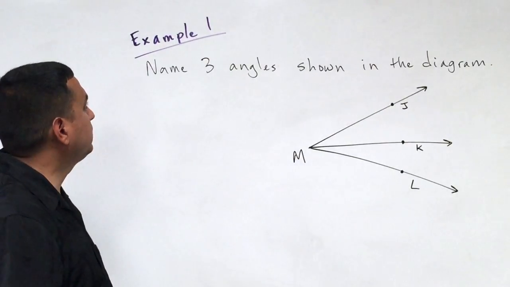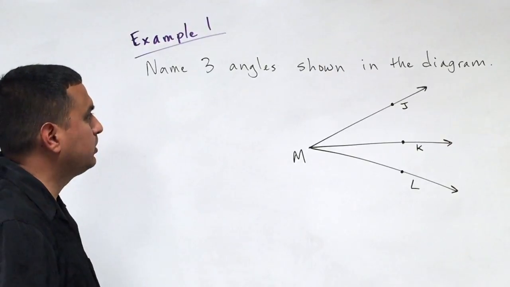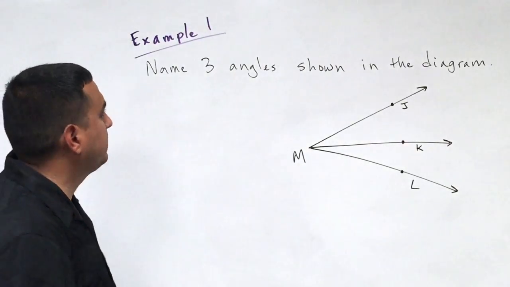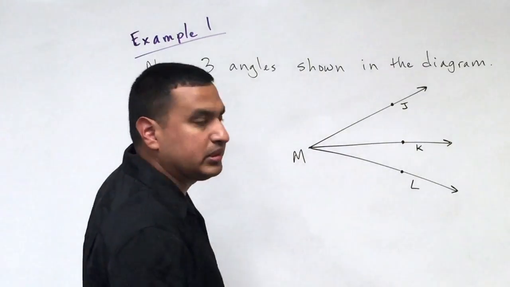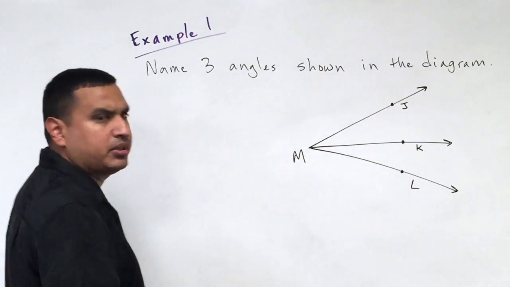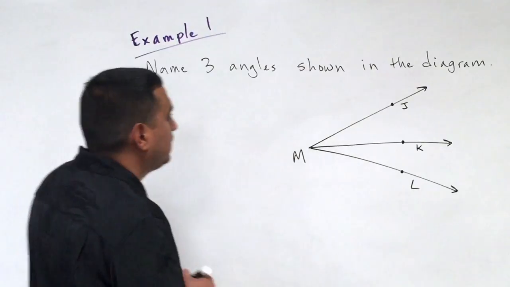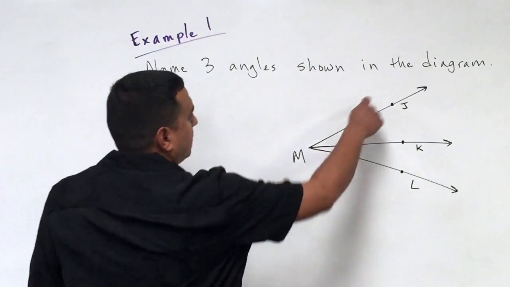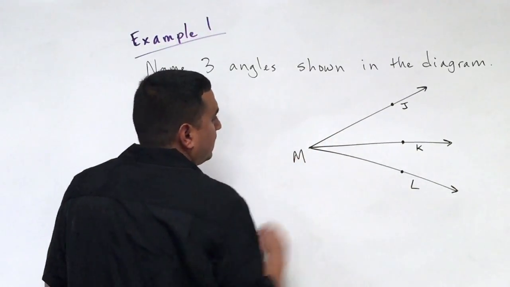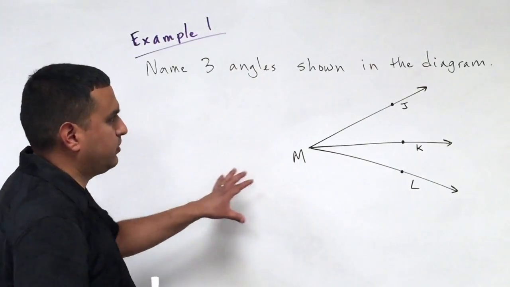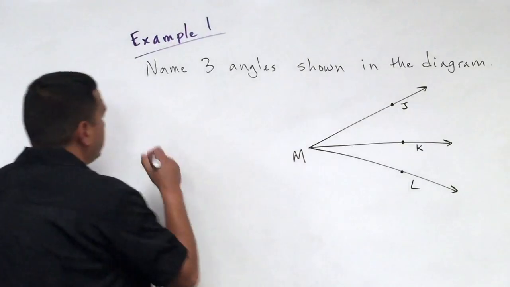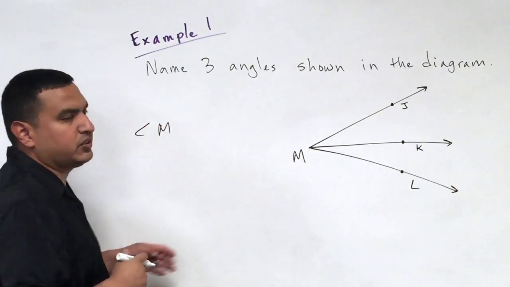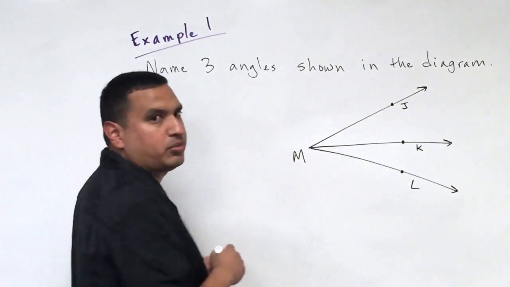Now we're going to name some angles from this diagram. There are 3 angles in this thing, so you have to be able to see them and name them according to what is given. The first angle that I see is this angle out here. I can't just use this vertex and call it angle M, because there are different angles here, as you're about to see.